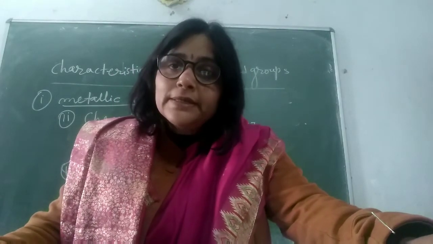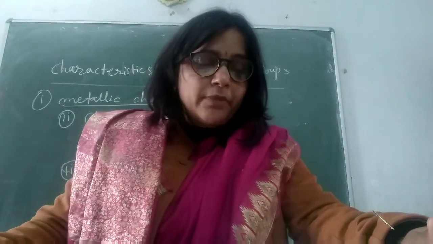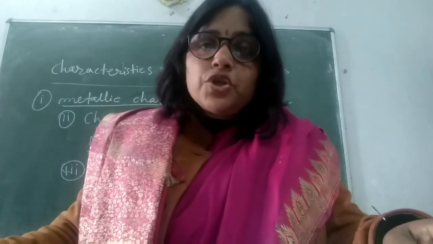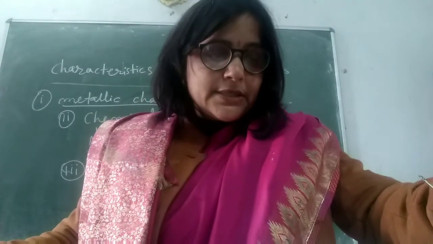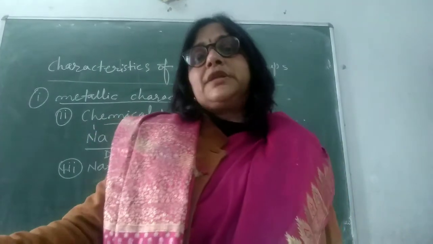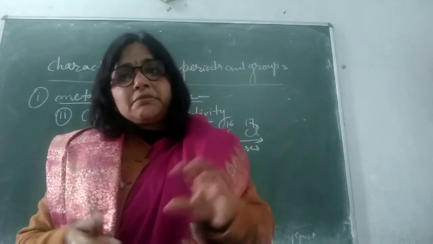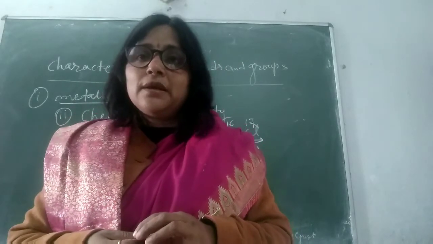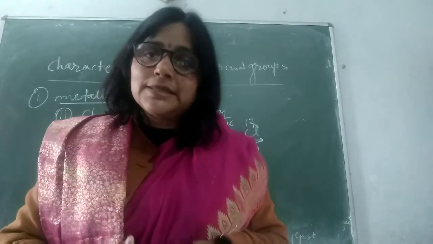So, on moving down a group of the periodic table, there is no change in the nature of the oxides of elements. This is all about the trends in periods as well as in groups.